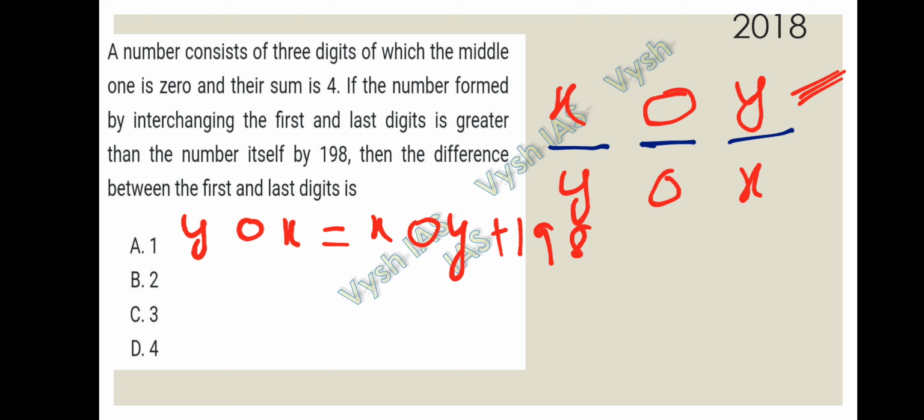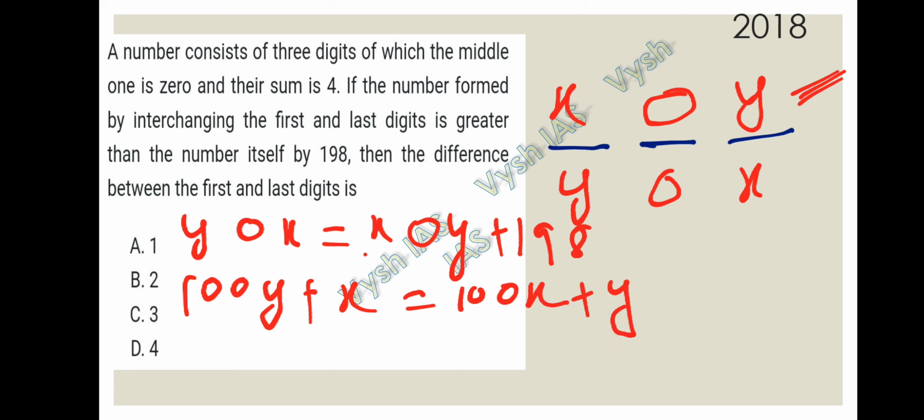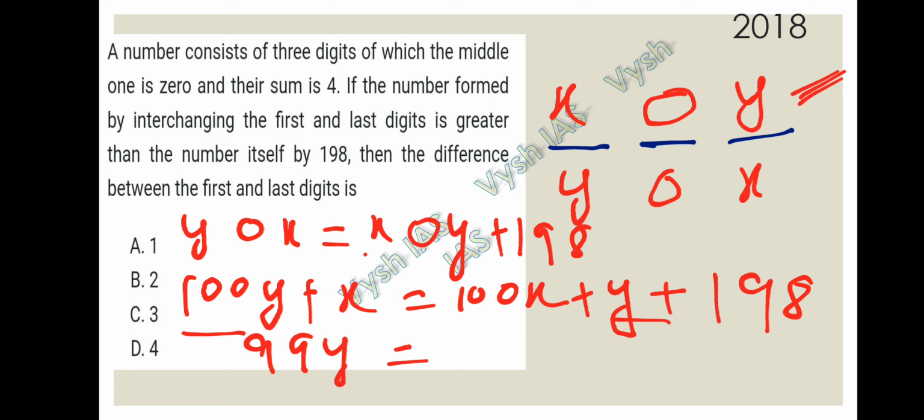Y is in the hundreds place, so it is 100y plus 0, and x is in the units place. On the other side, x is in the hundreds place, so 100x plus y in the units place, plus 198. So 100y minus y, that is 99y, equals 100x minus x, that is 99x, plus 198.